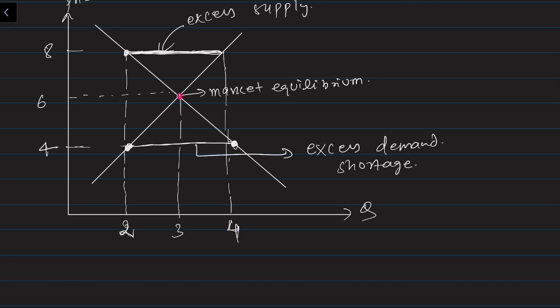Some consumers will be unsatisfied because they cannot get the good. So they will offer the higher price to the sellers, and this will create upward pressure on the price, and then again the equilibrium will be achieved. So in this way, even if the price goes up or down, the market will return back to the equilibrium price and quantity.